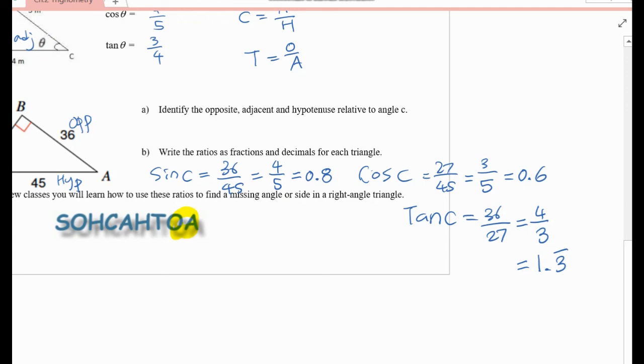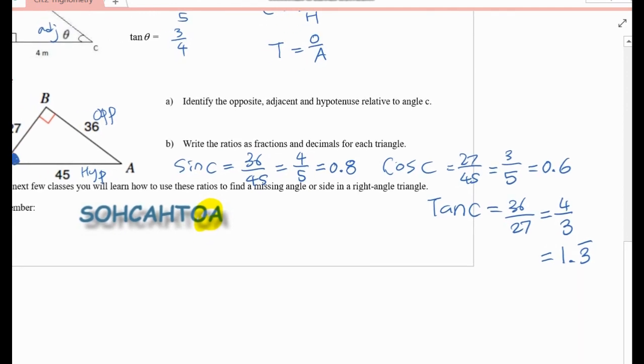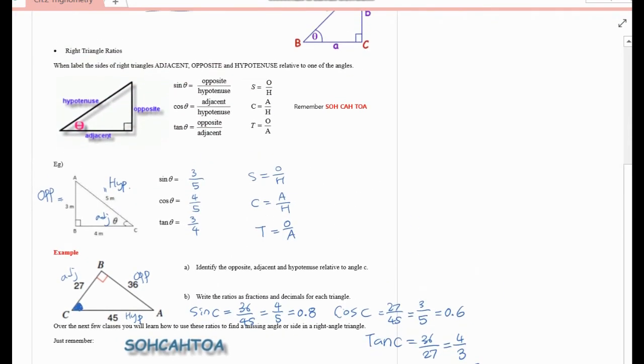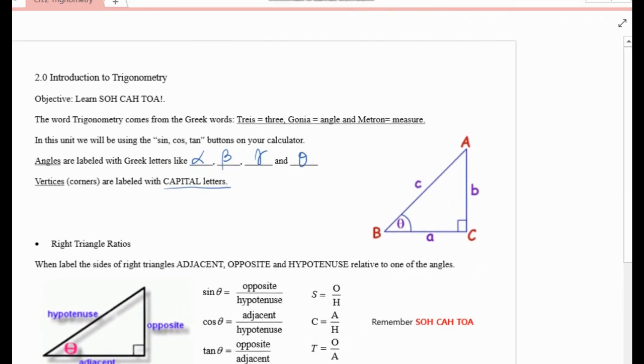Okay, so this is how you find sine, cosine, and tangent ratios using SOHCAHTOA. Just remember, you must remember SOHCAHTOA. Alright? Okay, let's move on. We just finished 2.0.